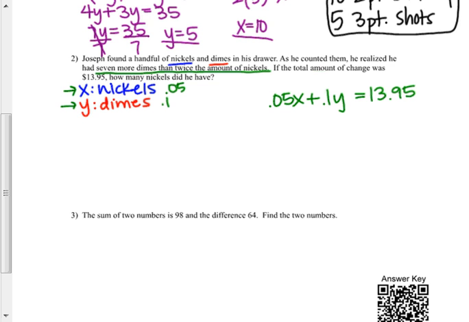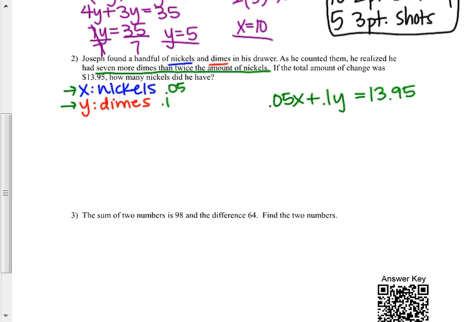All right, so now that I have this, I'm going to go ahead and just multiply this through. I'm going to distribute this 0.1 to both of those. So I have 0.05x plus 0.1 times 2 gets me 0.2x, and then 0.1 times 7 gets me 0.7, equals 13.95.